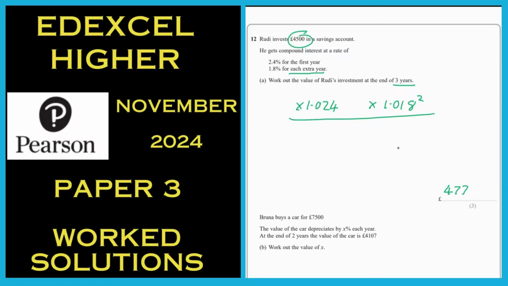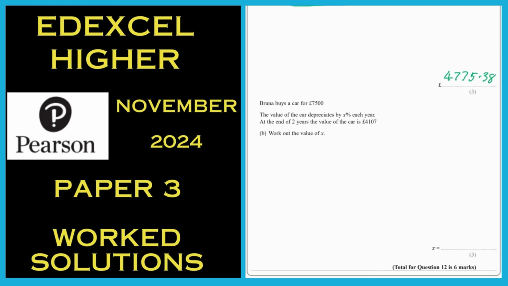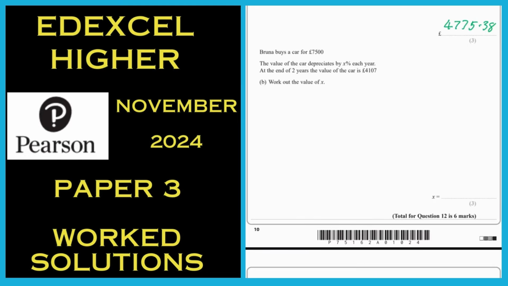So £4,775.38. Next, we are buying a car. Bruna is buying a car for £7,500. Now, I don't like using X%.